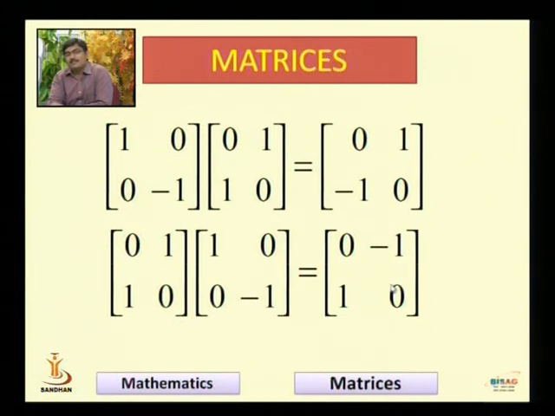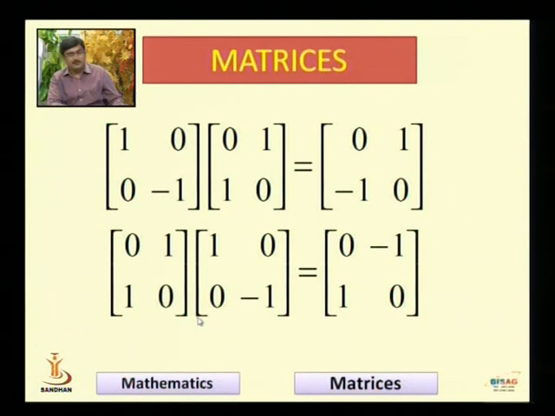We have just seen that if two matrices are to be compared, first of all they should be of the same order. Here both these matrices are of the same order, actually they are square matrices of order 2. Now see, the corresponding entries in the first row and first column are the same, but look over here, the entry in the first row and second column is different for these two matrices.